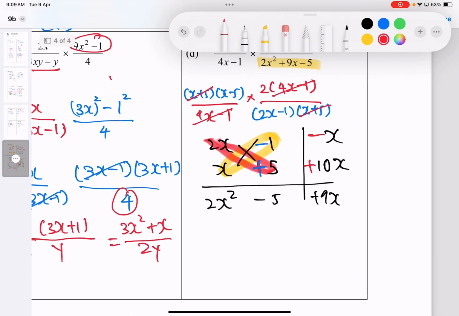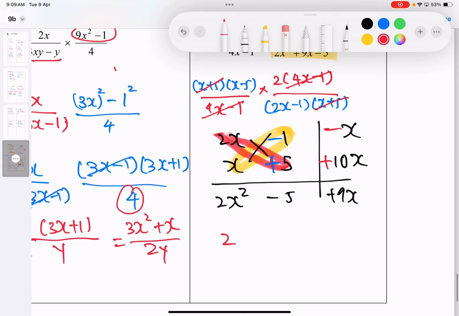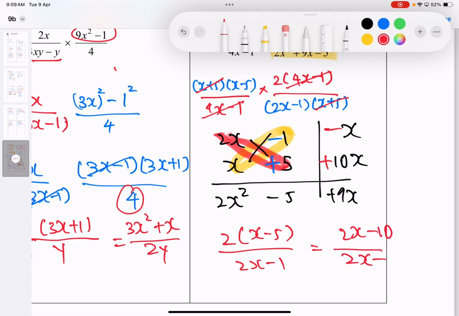So what is my final answer? My final answer is 2 times x minus 5 divided by 2x minus 1. Multiply back in: 2x minus 10 divided by 2x minus 1. That is all. Can?